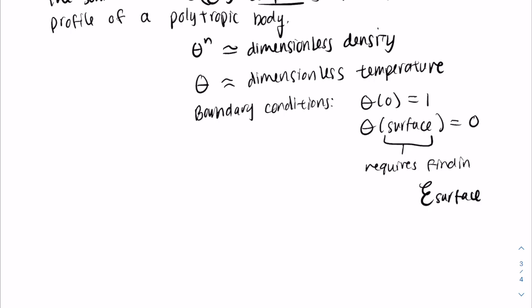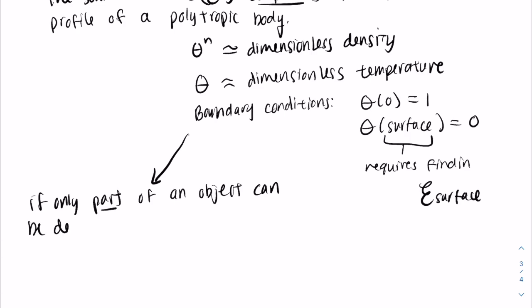Okay, so some other issues is you could use a polytrope equation of state to describe something that is only a polytrope partially. So for example, you could have a star where only a region of its interior follows a polytropic equation of state, and that may lead to these boundary conditions that we just wrote being singular and not physical.